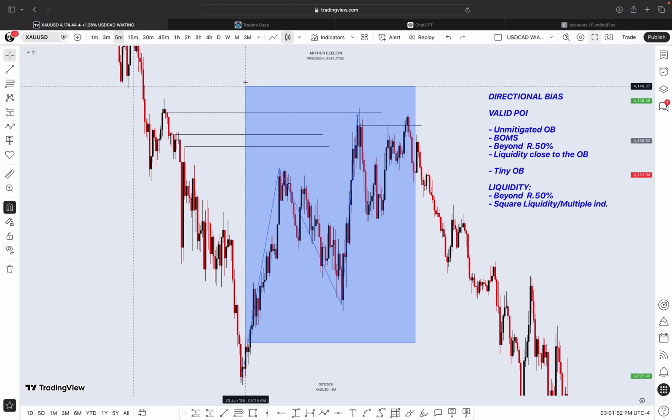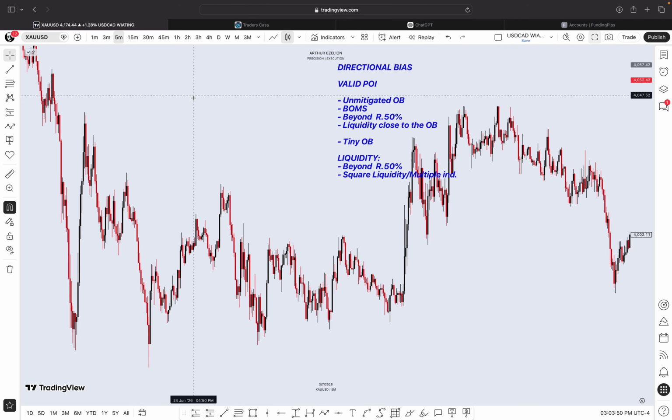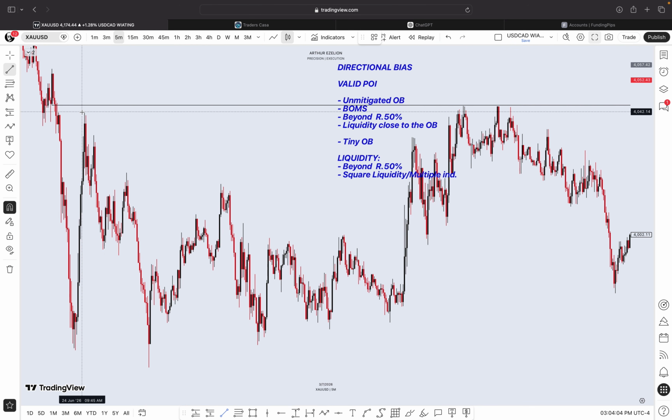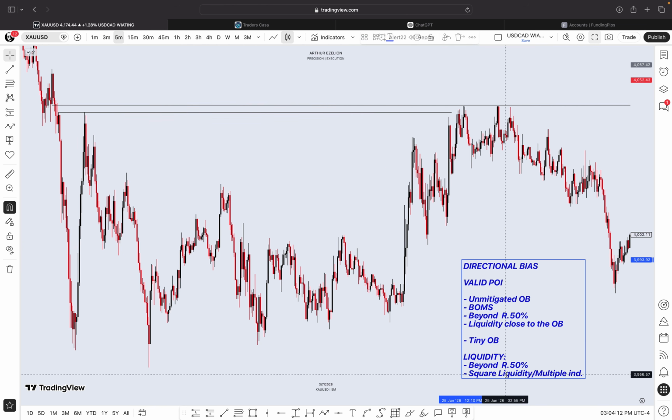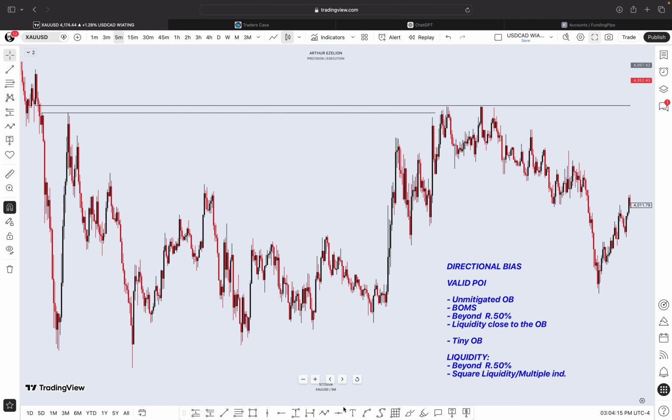It is multiple liquidity. We had this one, but the order block was huge. You can see this pile of liquidity at this point. So much liquidity, and even as price is coming to mitigate this order block, you notice what price is doing: forming clear market structure.